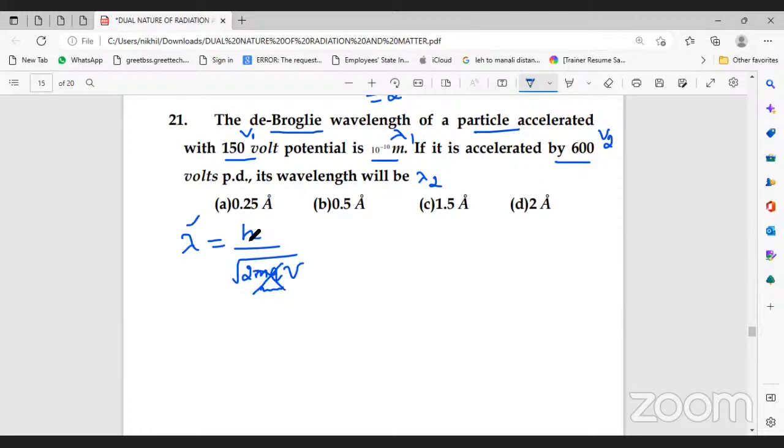So how are lambda and V related? Lambda is inversely proportional to root V. So what is lambda 1 by lambda 2 then? Root of V2 by V1.